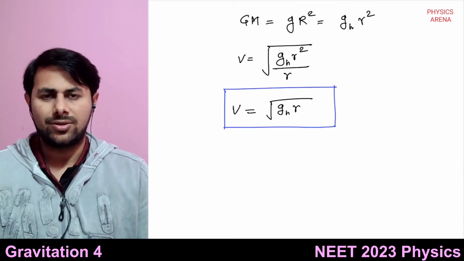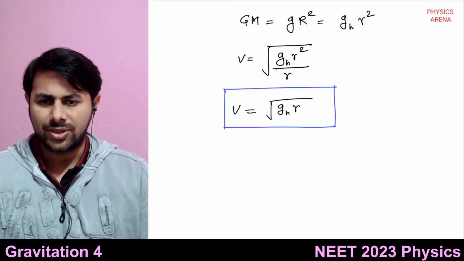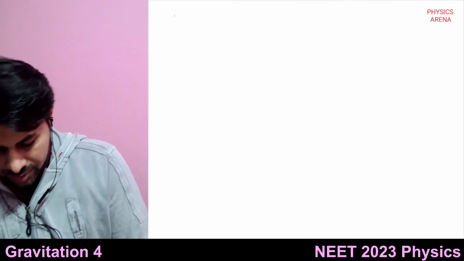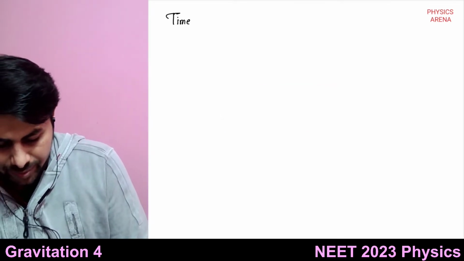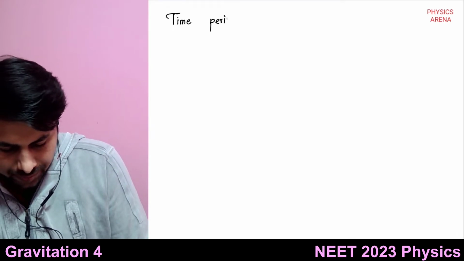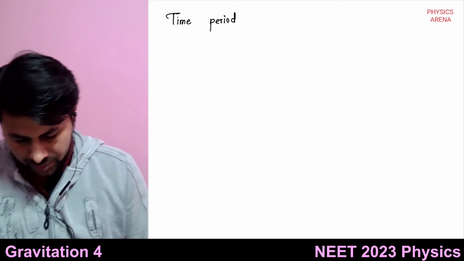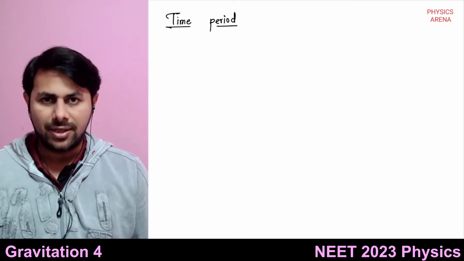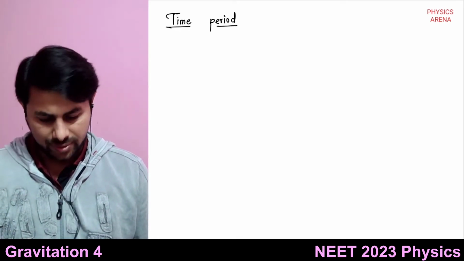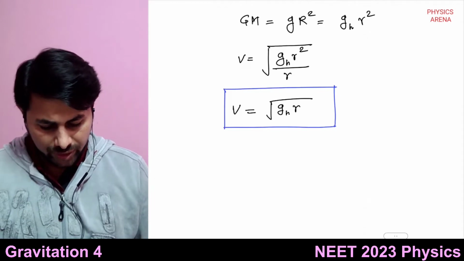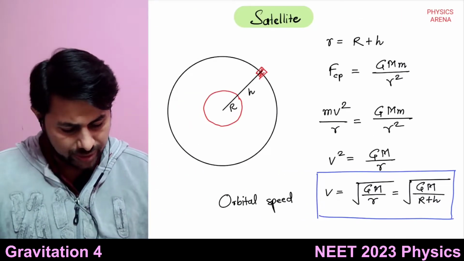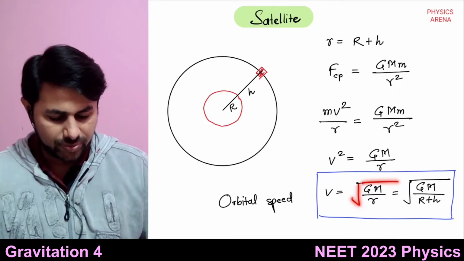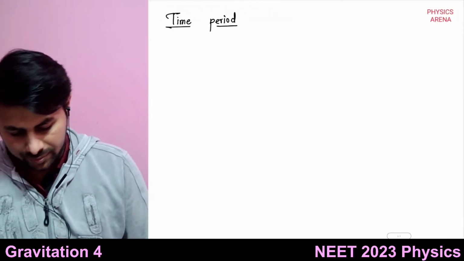So that is another formula for the speed of this satellite. Okay, so is it clear, or is there a question? So let's find out the time period first. The time period of a satellite which revolves around Earth. We got this formula for the speed, v equals the square root of GM divided by r.